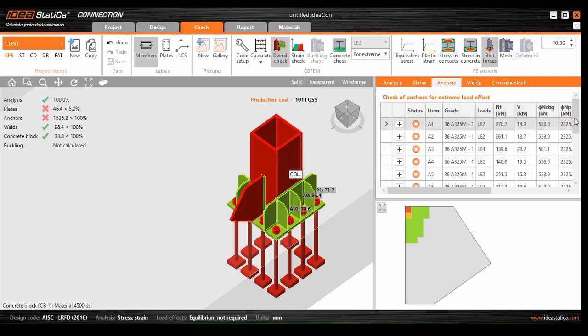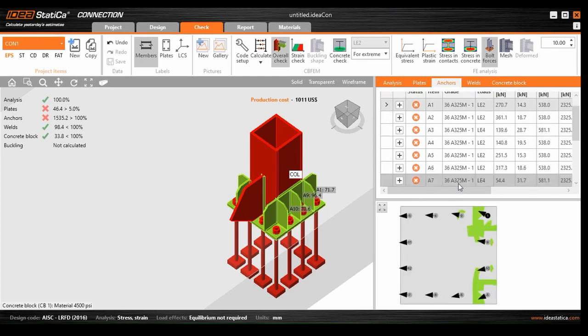As you see, all of the anchors are failed, and I showed you before, this is not related to the diameter of the anchors. As much as you increase the diameter, you will see no change. In our case, we need to add reinforcement to pass the requirements of concrete breakout in tensile and shear force.